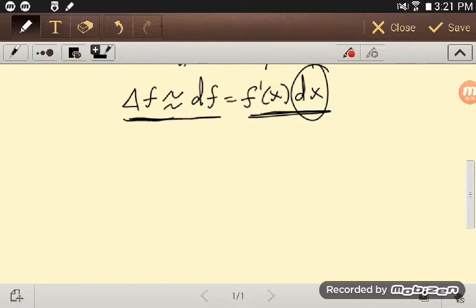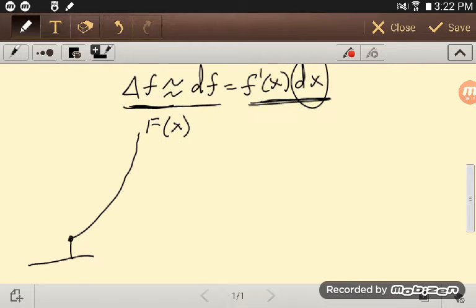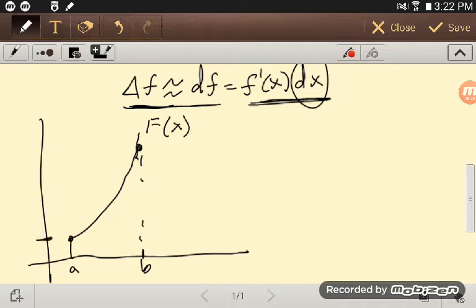Now, let's just look at some function. This time I'm going to go with an uppercase F of x for that function. And there's a, and there's b. So if we look at it this way, there's F at a and there's F at b.